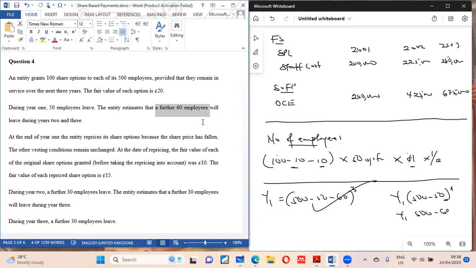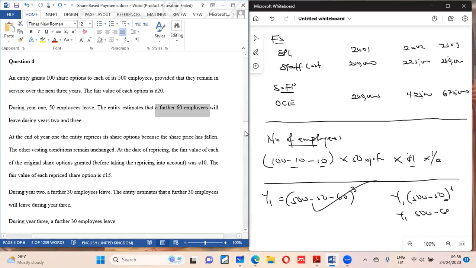In 2024 too, I will know how many left in 2023 and 2024. I can now only estimate for those who will leave in 2025. When I get to 2025, which is the vesting date, I don't need any more estimation. I just need the actual people who have left to subtract from the number of employees. That is the mechanism in this.